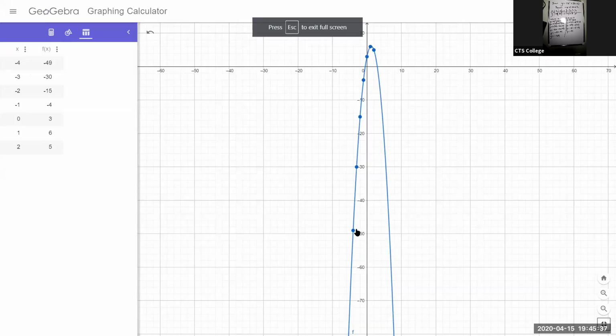And as you all can see, -49 will be around here. It will be right here actually. Then -30 is here, -15 is here, etc. And this is the table of values that we generated.